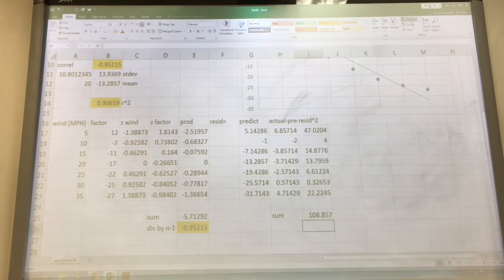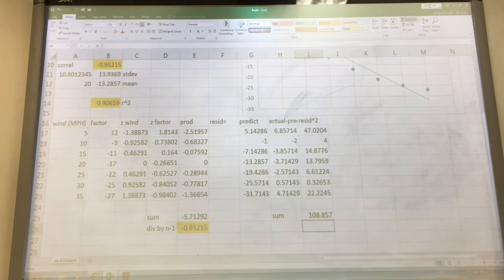Chris knows. No? Isn't it the higher that number is, the worse your line fits your data? Kind of, yeah. It's actually the smallest number you can get. So that's a good number, 108 is a good number. If you pick any other line, it's gonna be higher than that.